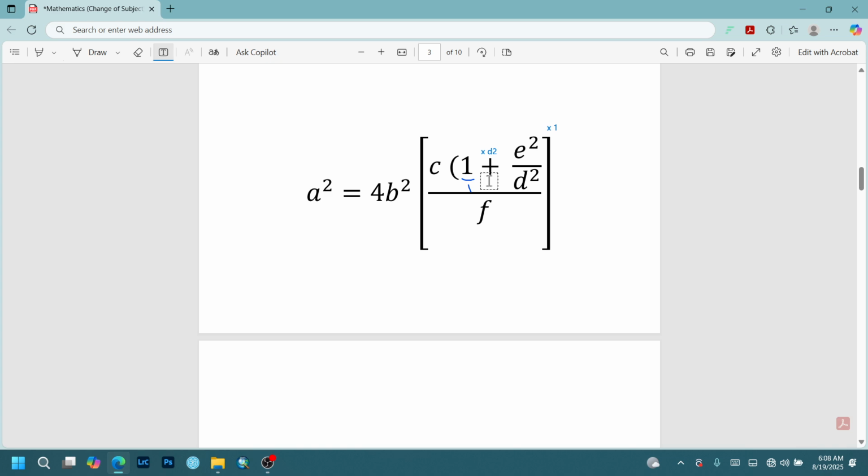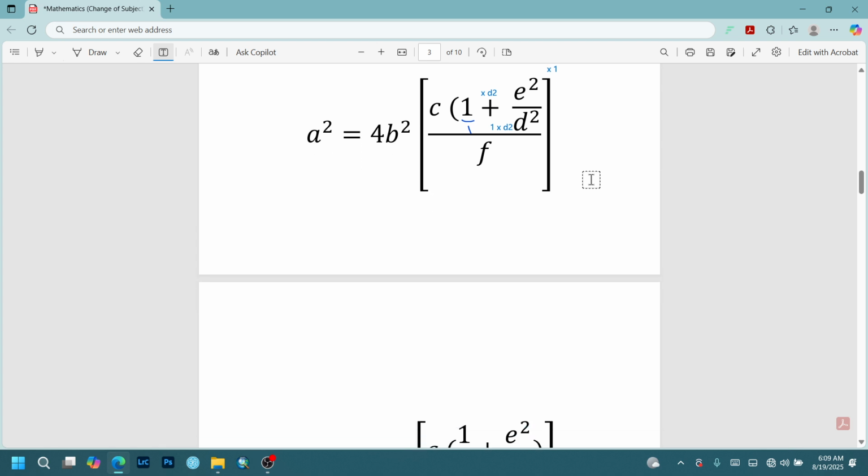And when you are done, you multiply both denominators. So 1 multiplying d square, which is d square, okay. So that's how the cross multiplication is done for this kind of fractions, right?